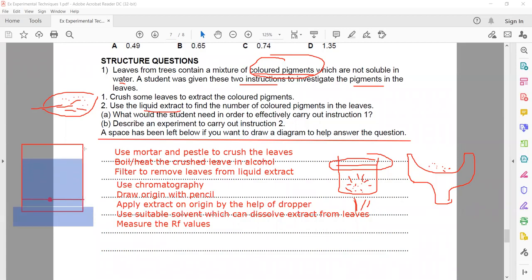And then you can mention count the number of spots, or you can mention measure the RF value to know how many colored pigments are there in this leaf. Is this experiment clear? Any doubt? Yes, Abdullah Sarfraz.